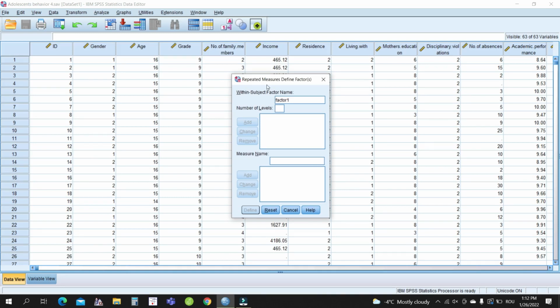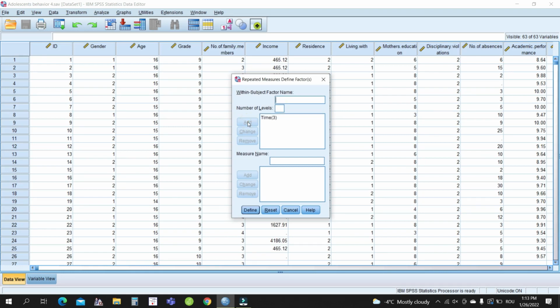So, in the first area of this window, called within subject factor name, instead of factor 1, I will write down time. In the next area below, named number of levels, we have to introduce the number of moments when the self-esteem was measured. Because in our case it was measured in 3 consecutive semesters, I will write 3 and I will click Add.